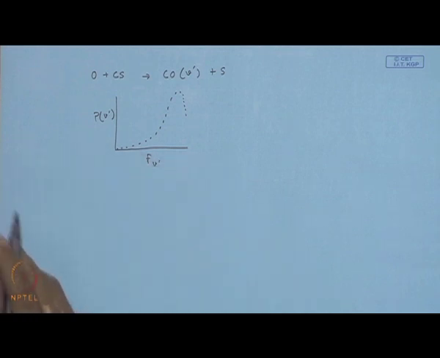So, there is a population inversion in the carbon monoxide vibrational level, that is, your product is carbon monoxide. This population inversion is not discernible at ordinary temperature. Ordinary temperature means Boltzmann population: if the energy gap to the higher level is more than the thermal energy kT, then the population will be less.